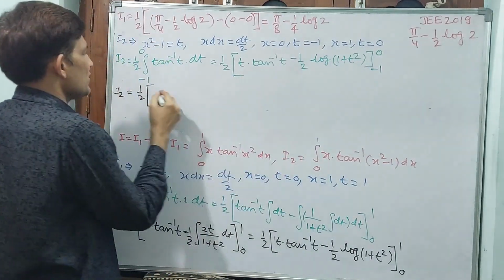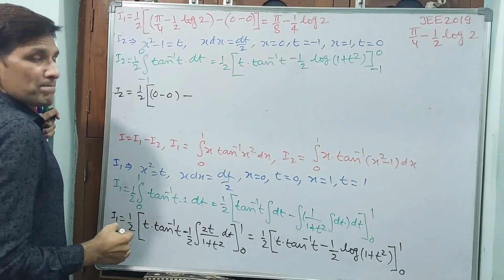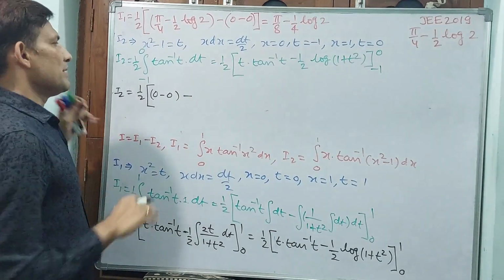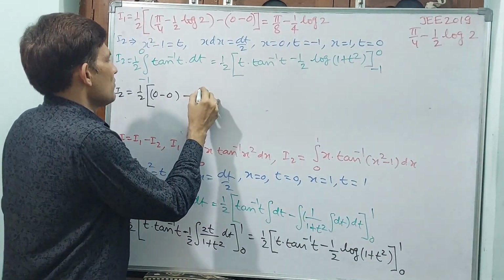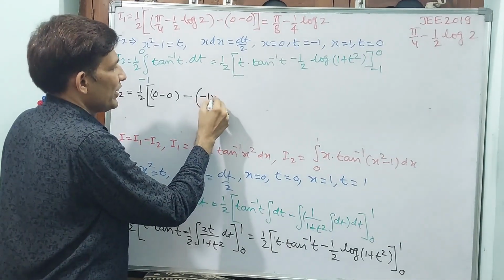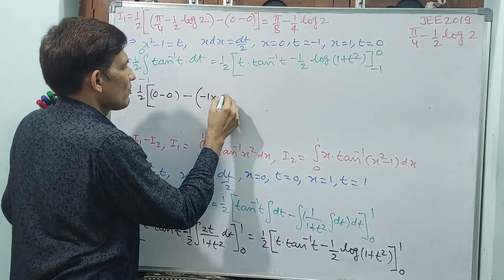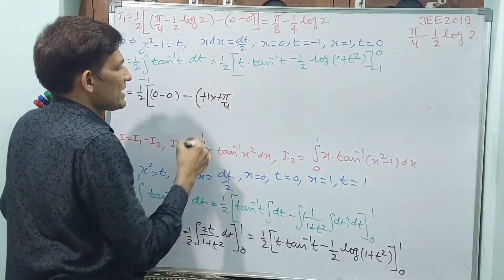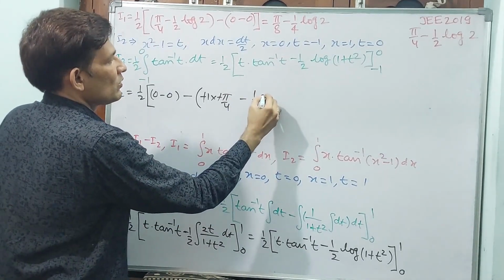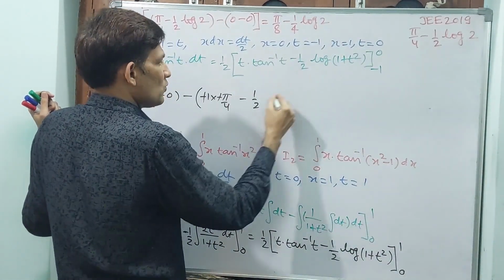That means the first part is 0. 0 minus 0 minus, upper limit minus lower limit. Now you give the lower limit: minus 1 into tan inverse of minus 1, minus pi by 4, minus plus. Minus 1 by 2, minus 1 square is 1, log 2.